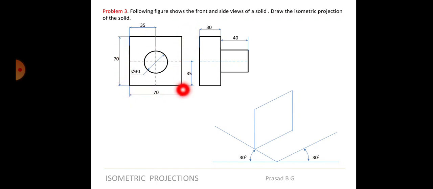It's a square, so it's very easy to draw. Then you have to take the distance, that is thickness is 30, right? So from here you have to take ISO 30, complete this part, ISO 30, then from here join this, it will be ISO 70, join here, it will be ISO 70. So one object is complete.